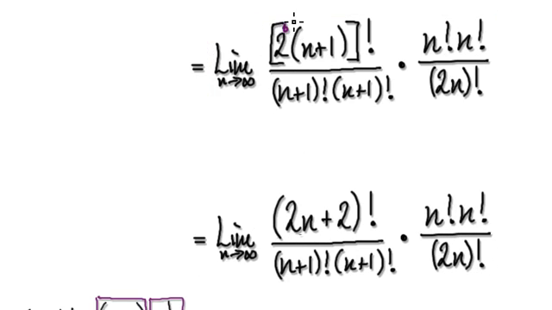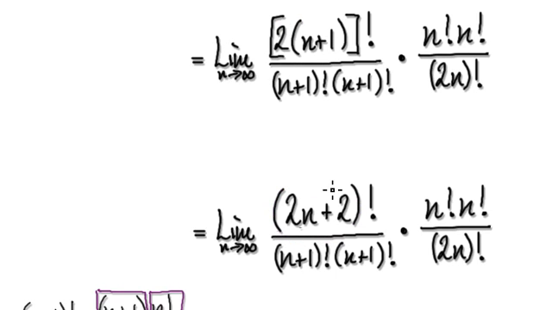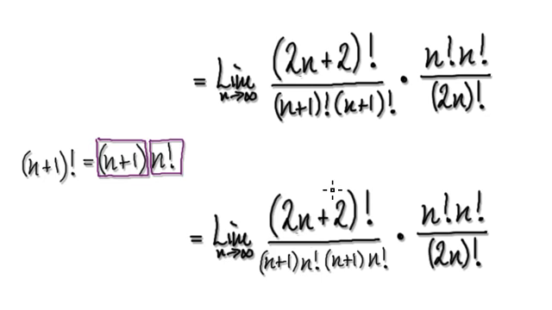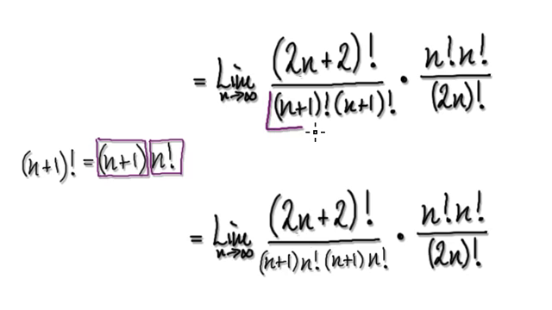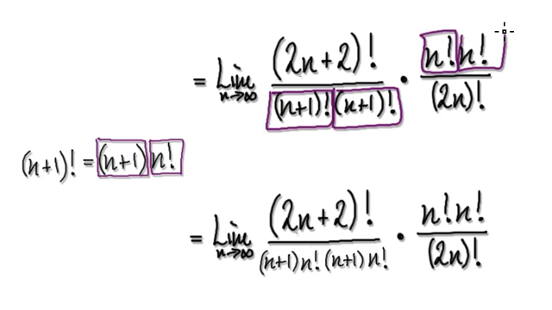So now I'll multiply this out, so that will then give us this. Now let me think. So we are currently here at the moment. Here you've got one block multiplying another block, and here too. Well, (n+1)! is (n+1) times n!.